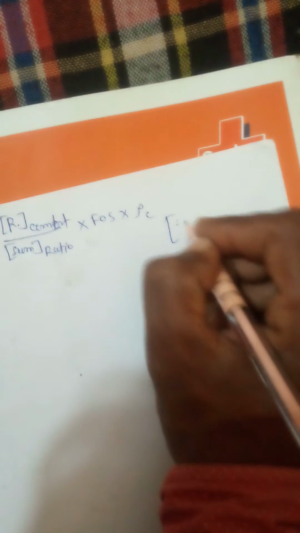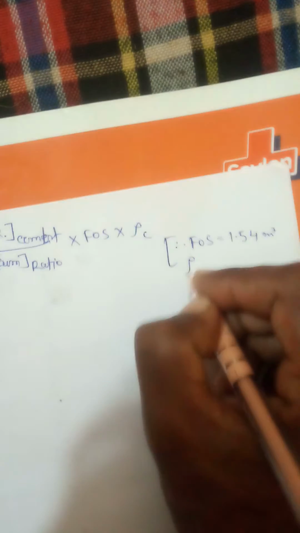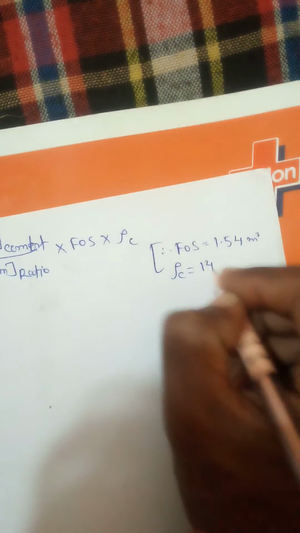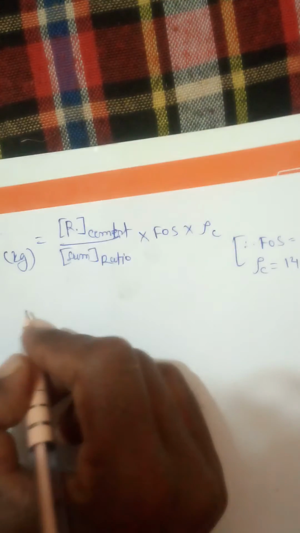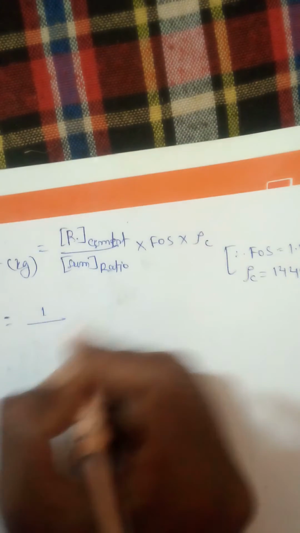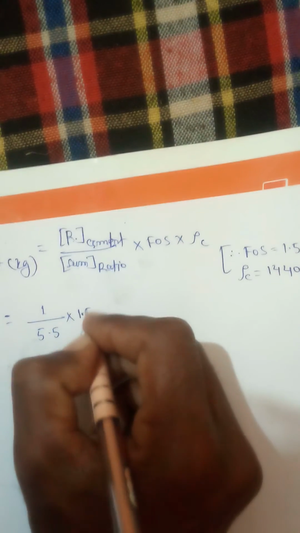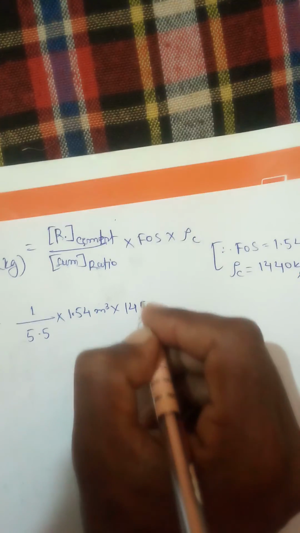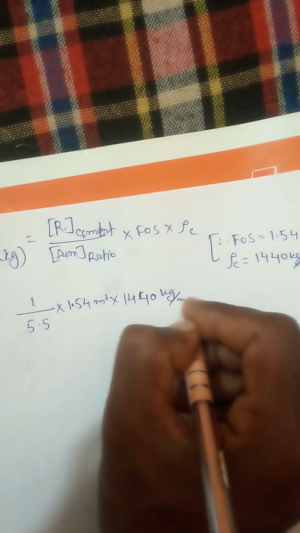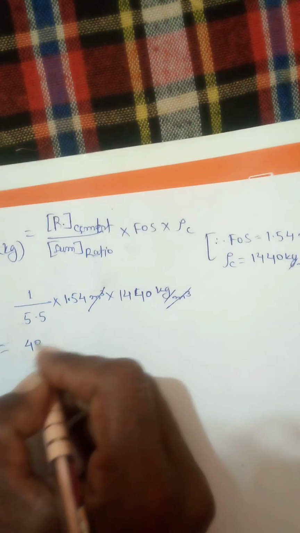We know the factor of safety is taken as 1.54 m³, and the density of the cement is 1440 kilogram per m³. So we put these values here: ratio of cement in M20 concrete is 1, divided by the sum of the ratio 5.5, into the factor of safety 1.54 m³, into the density of cement 1440 kilogram per m³. This m³ cancels with this m³.